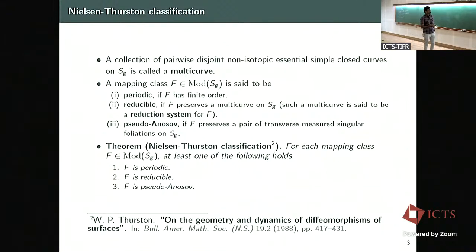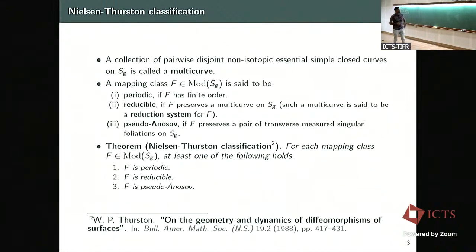And it's pseudo-Anosov if it preserves a pair of transverse measured singular foliations on the surface. The Nielsen-Thurston classification asserts that for each mapping class, at least one of the following holds. So it's not mutually exclusive. There are intersections between the classes of periodics and reducibles. But the pseudo-Anosov class is exclusive. If something is pseudo-Anosov, it cannot be one of the other two. Okay?